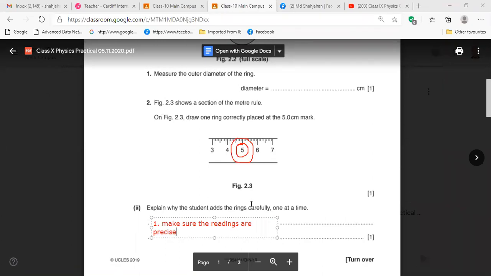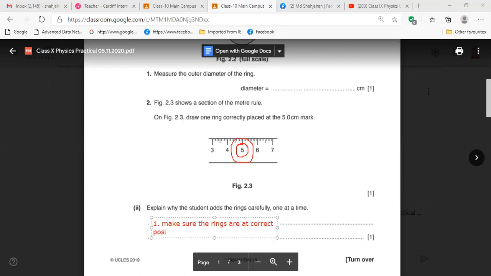Make sure the rings are at correct position. Are at correct positions.